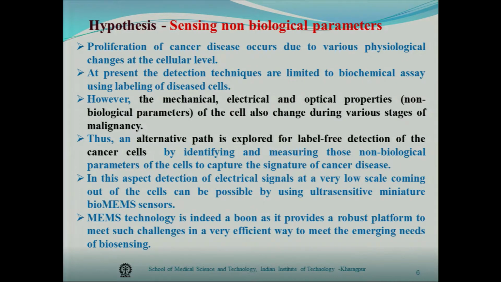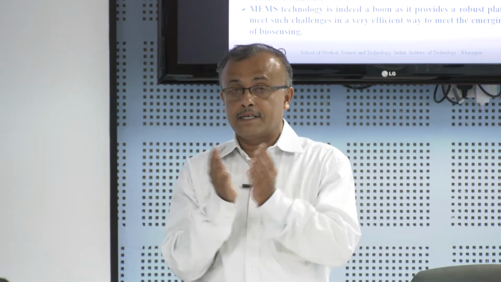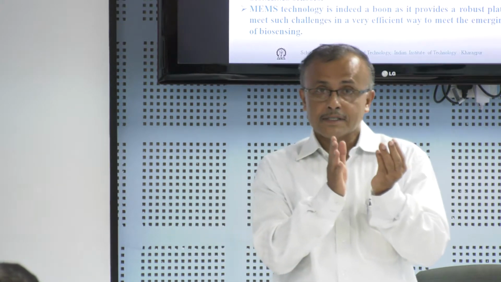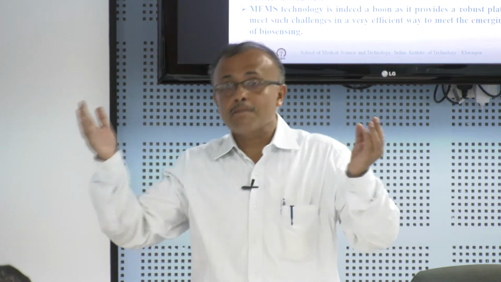So, it is all towards the biochemical assay, but while this is taking place, we can consider that the cell itself, not only the biochemical changes, but its optical properties may also change. Optical properties means, the cell generally is transparent, so in the sense of refractive index, whether it will change or not while a normal cell is transforming from the normal stage to malignancy or some other diseases.